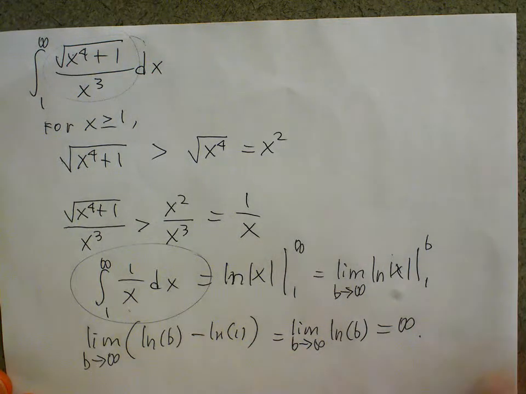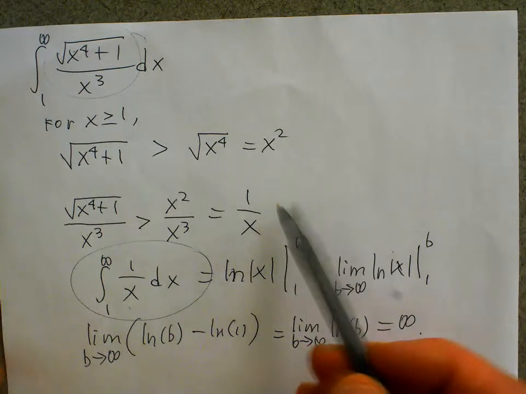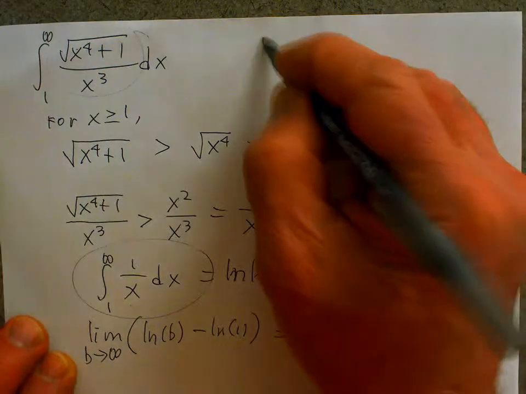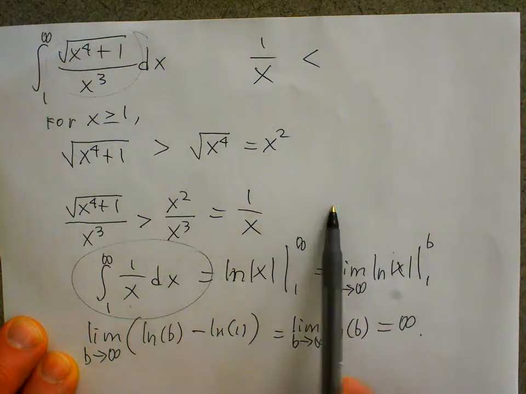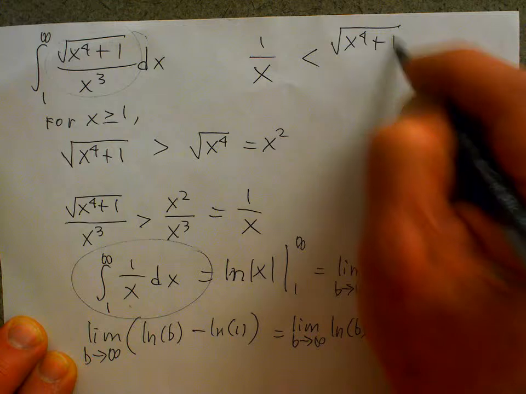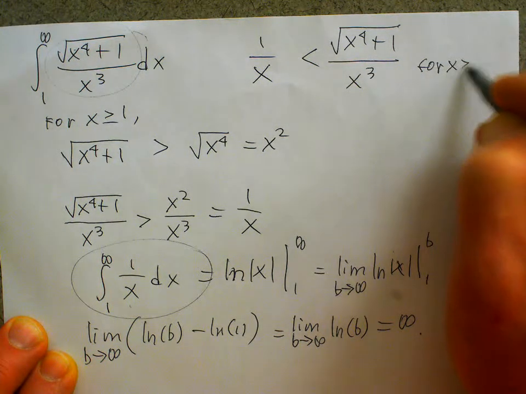So this is divergent, but since the other function is greater than 1 over x for values of x greater than or equal to 1, this is also divergent by the comparison test. Isn't that right? 1 over x is smaller than the square root of x to the 4th plus 1 over x to the 3rd for x greater than or equal to 1.